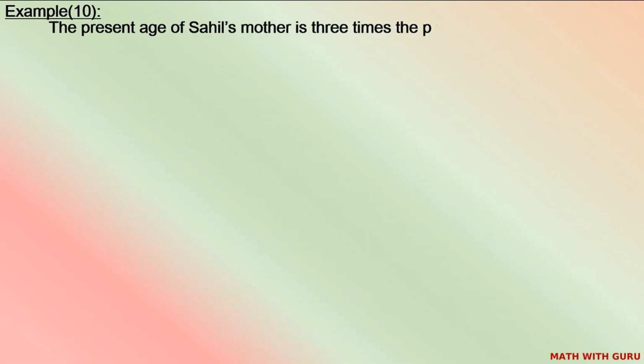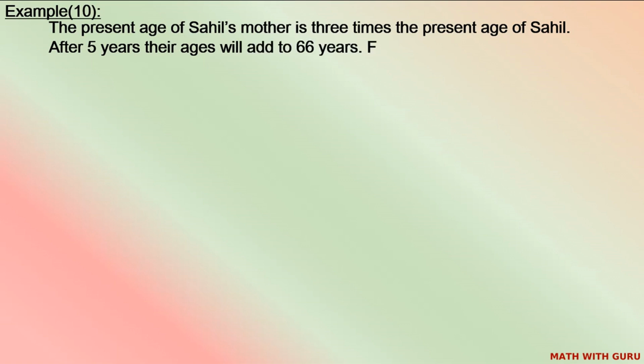Example 10. The present age of Sahil's mother is 3 times the present age of Sahil. After 5 years, their ages will add to 66 years. Find their present ages. Of course, Sahil is younger.